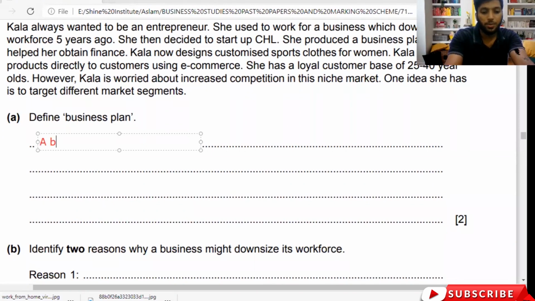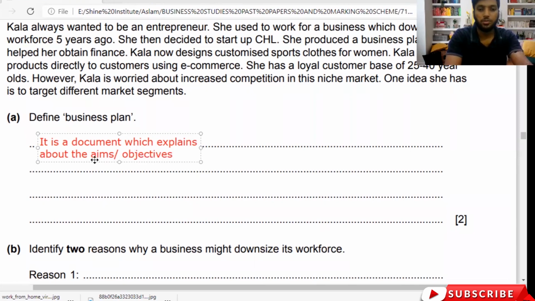A business plan is a document which explains the aims or objectives.